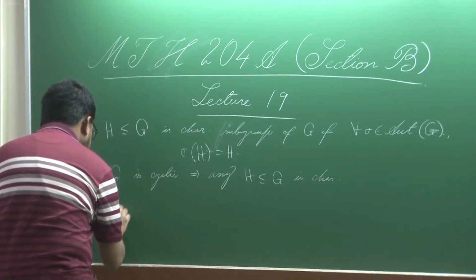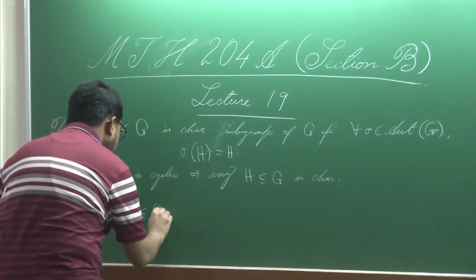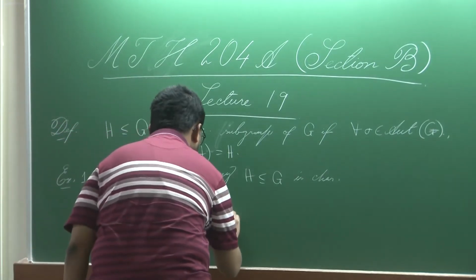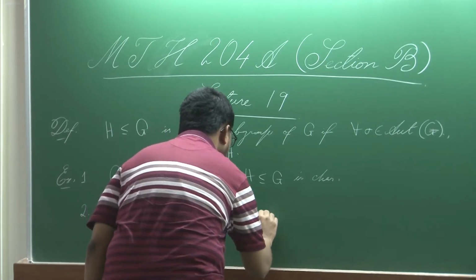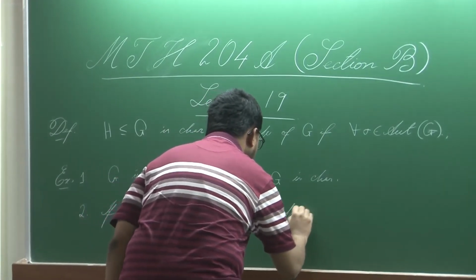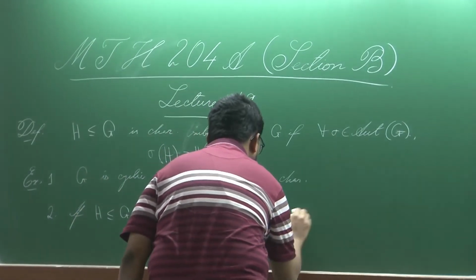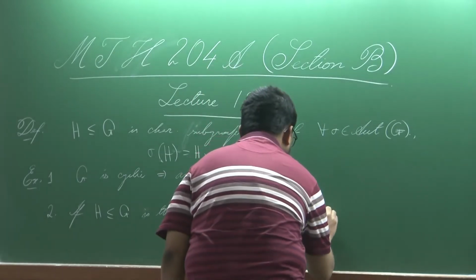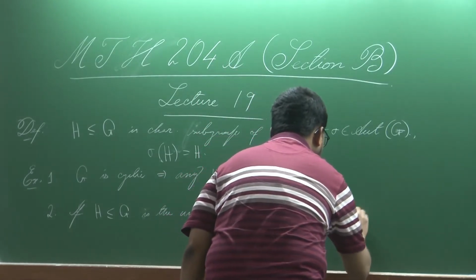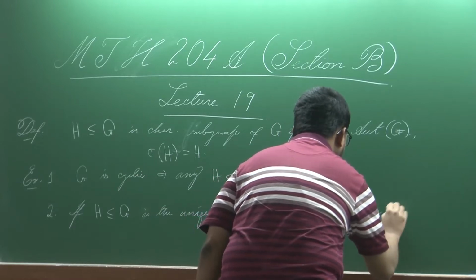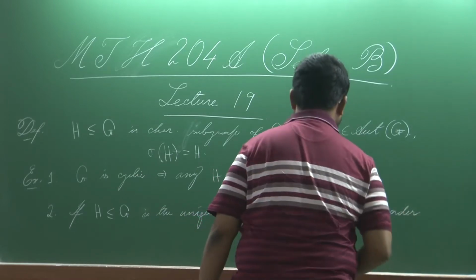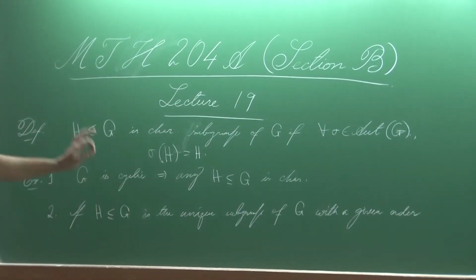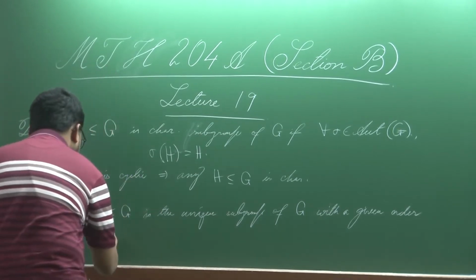It says that if H is the unique subgroup of G with a given order, so what I mean by this is, suppose H has order m and H is the unique subgroup of order m of G, then H is characteristic.